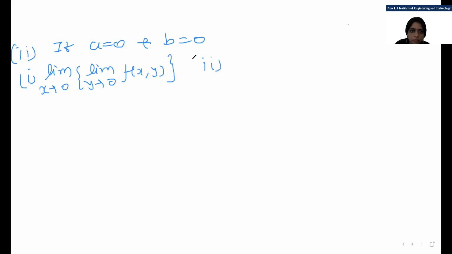Number 2, limit y tends to 0, here limit x tends to 0, f of xy.